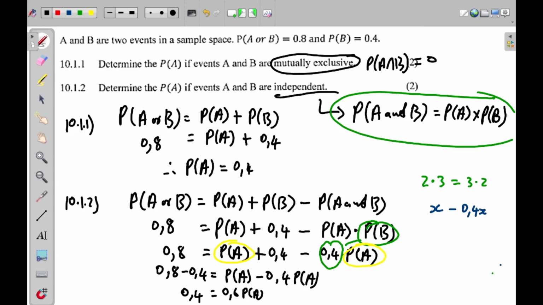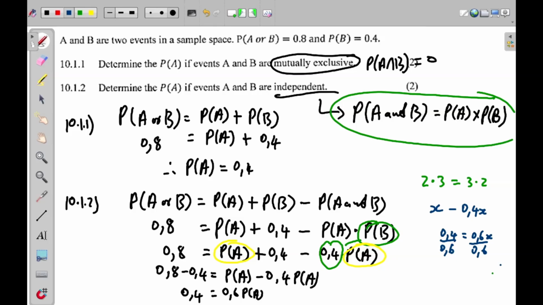Now we are solving for what? For probability of A. So again, I invite you to imagine having something like 0.4 is equal to 0.6x. How do you solve for x? Well, you have to undo the multiplication, so you divide by 0.6 on both sides, so that you're just left with x on the one side. So that's exactly what we're going to do here.